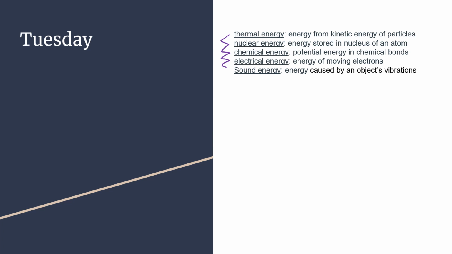But the big idea is that energy can go through what we call a transformation, where one kind of energy becomes a different kind. This is something I showed you in class: if I have one of those little chemical glow sticks that you can buy around Halloween time, they look kind of like this.